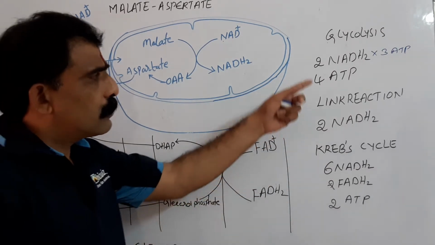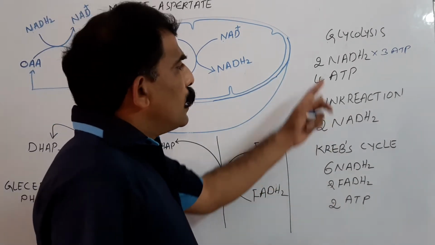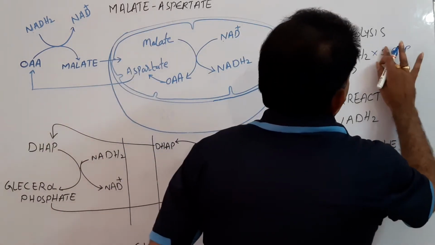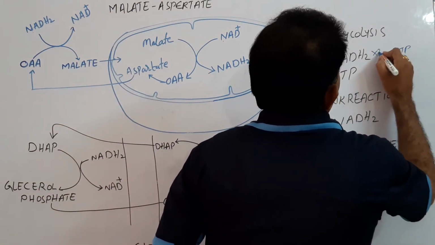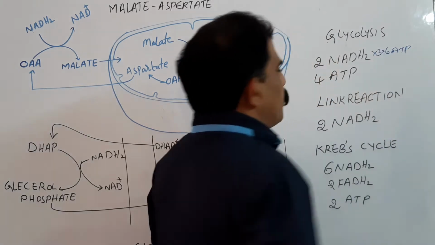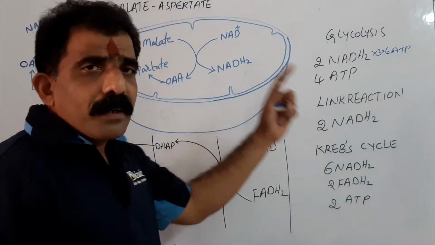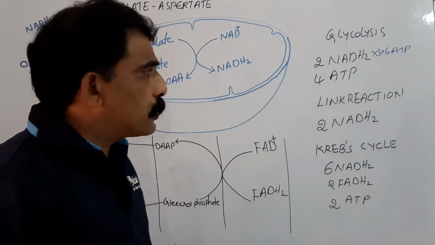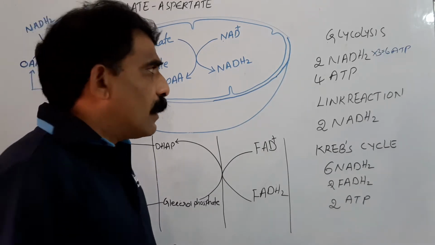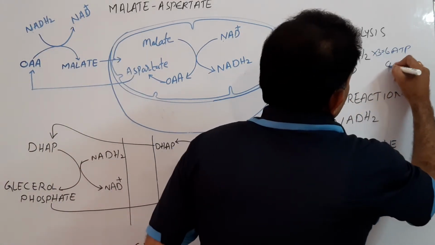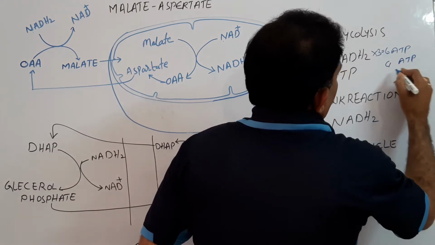So that gives 3 ATPs. 2 into 3 equals 6 ATPs. And 4 ATPs are formed directly through substrate level phosphorylation in glycolysis. So 6 plus 4 equals 10 ATPs.